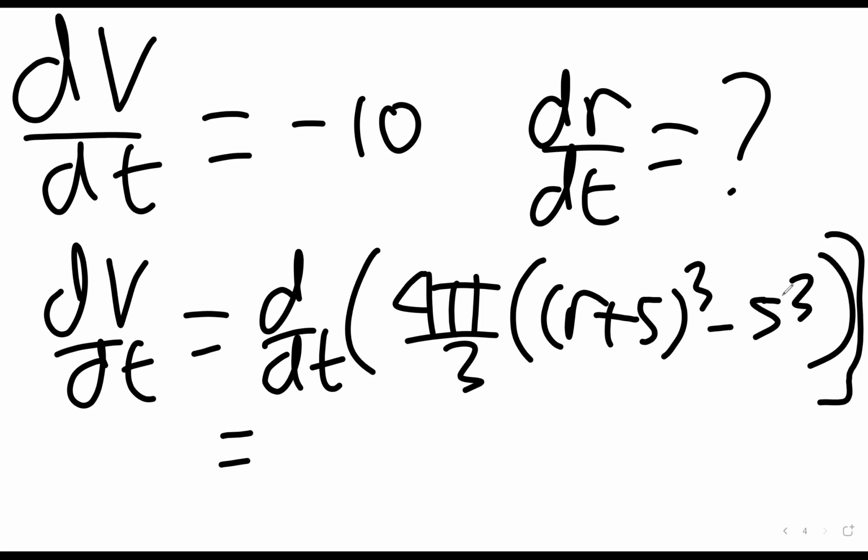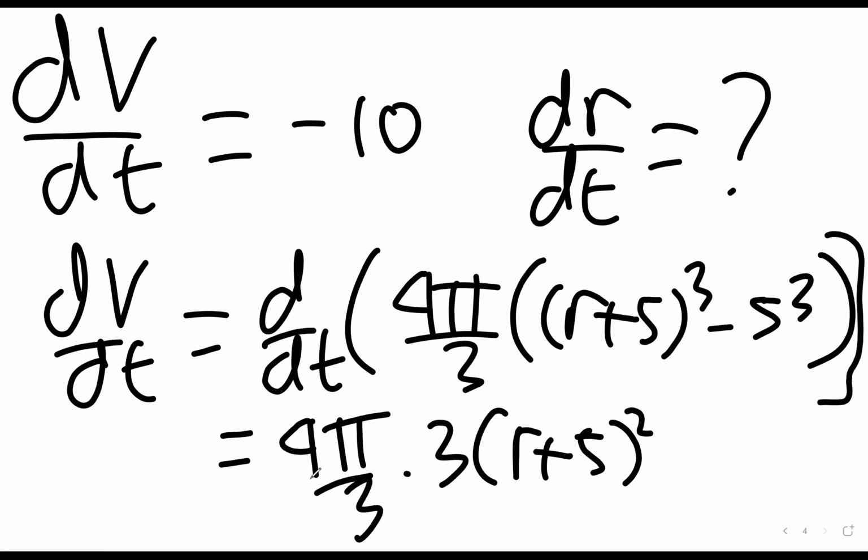And the derivative of this one is simply 4 pi over 3 multiplied by 3 (r plus 5) to the power 2, and then multiplied by the derivative of r plus 5, namely 1. So in the end, this equals minus 10. Of course, the derivative of r plus 5 with respect to r is 1, multiplied by the derivative of r with respect to t, namely dr/dt.